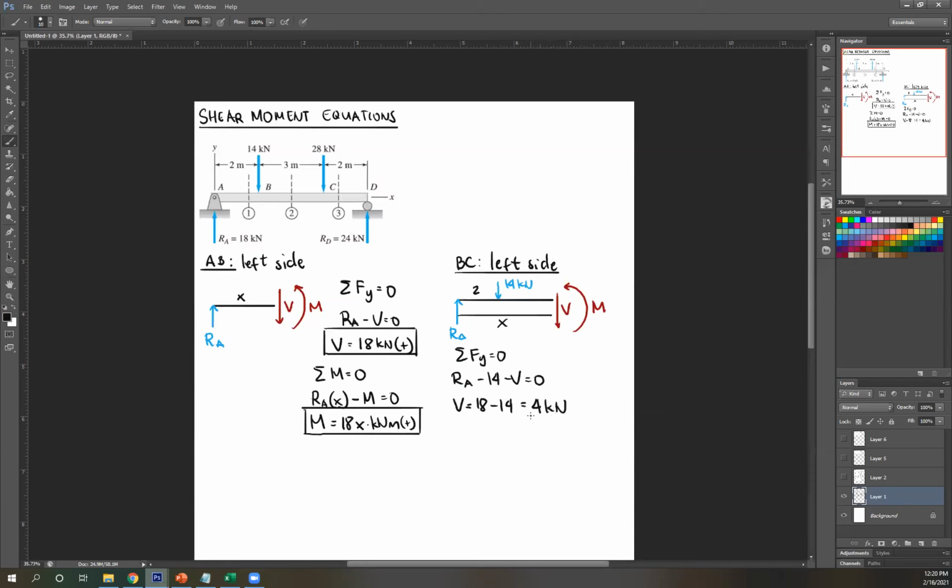My answer is positive, therefore correct assumption. Now check whether this V is clockwise or counterclockwise. Making it rotate about your beam, it's clockwise, therefore positive. So your equation is V equals 4 kilonewton, and it's positive.